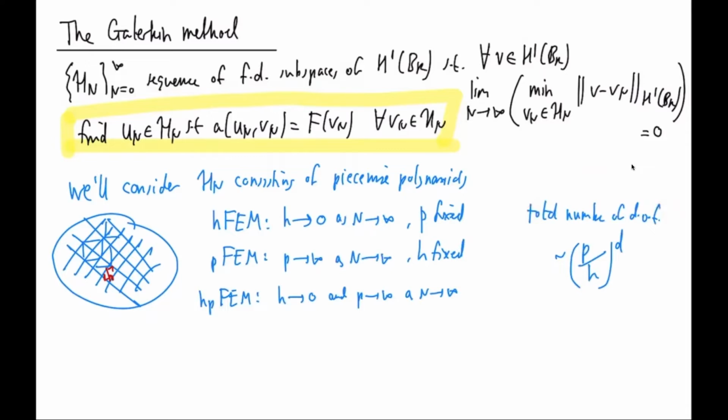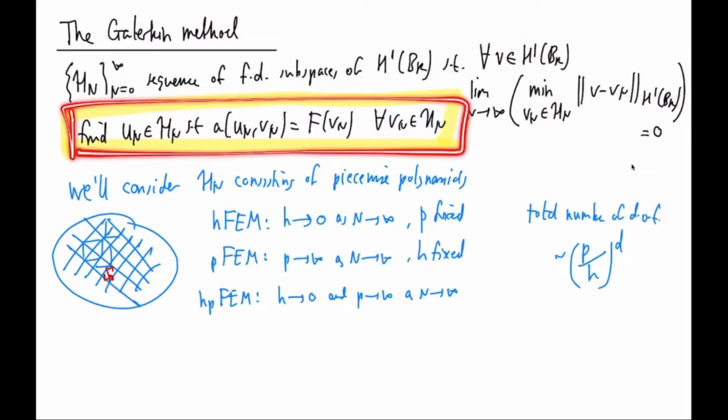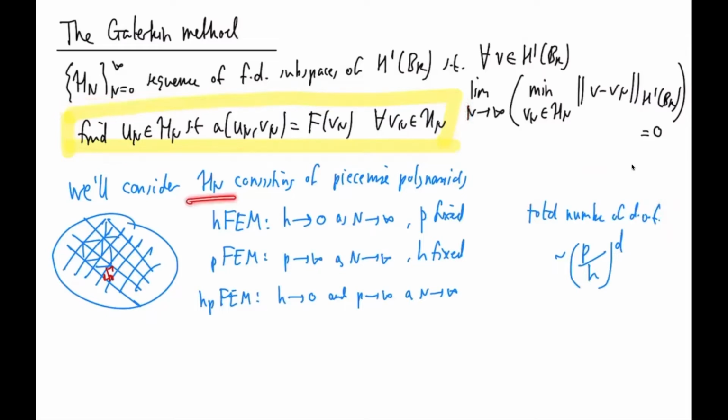So here's the Galerkin method. It's this yellow instructional box here, and I'm talking about these piecewise polynomial subspaces. That's the definition of the finite element method.